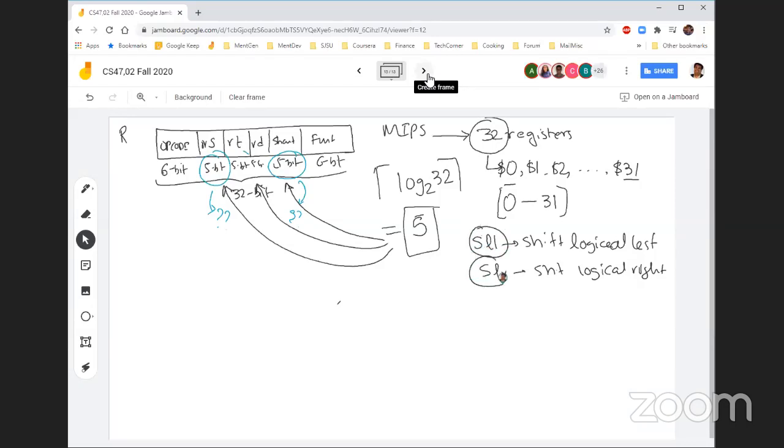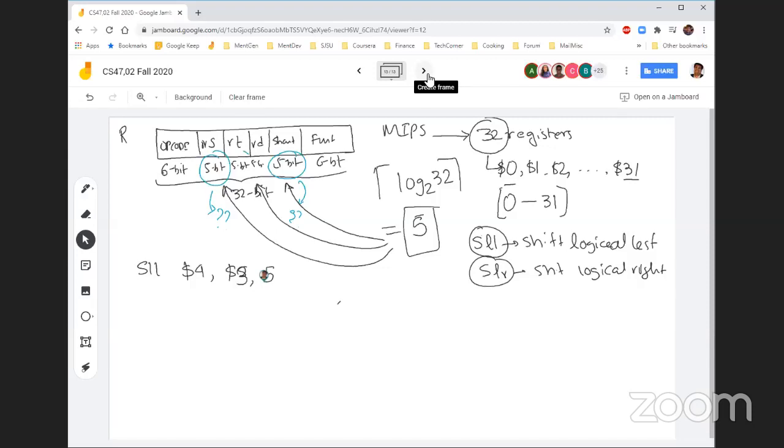It is an instruction like this: SLL $4, $3, 5.